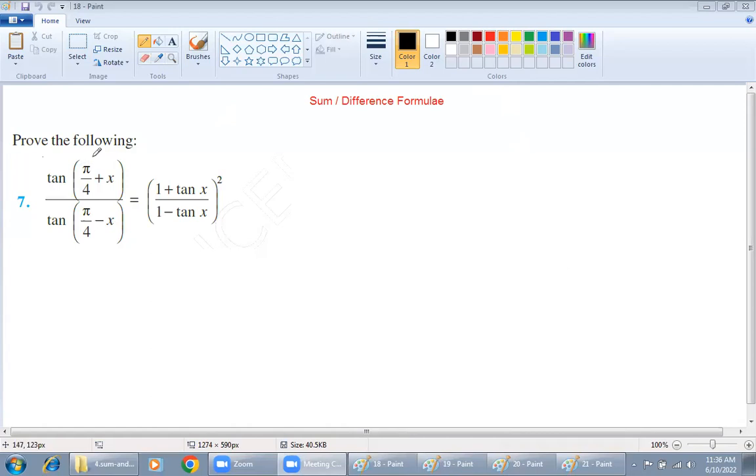We have this first problem today based on sum and difference formulae.